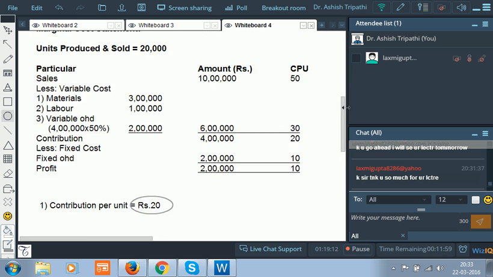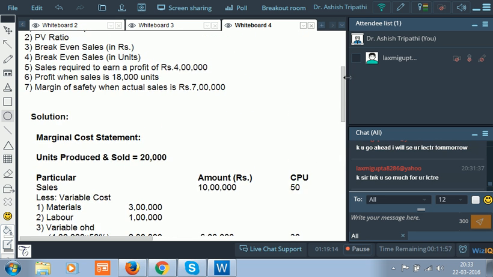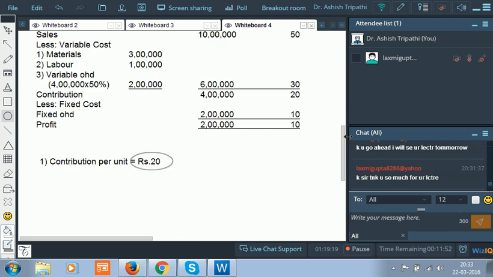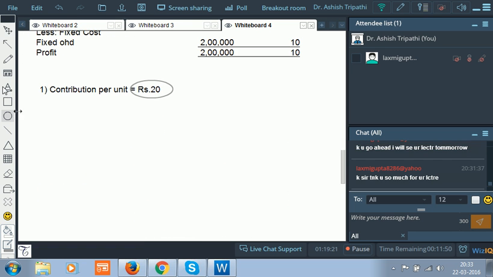The second thing that we will have to calculate is PV ratio. So let us calculate PV ratio.